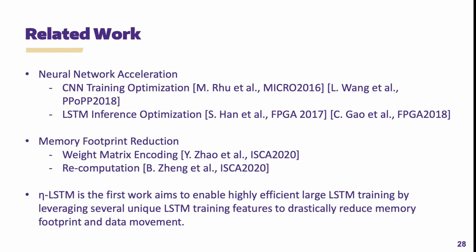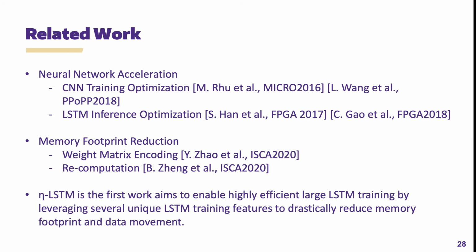There are many works focusing on neural network acceleration, but most of them are for CNN or LSTM inference. Since LSTM training is very different from CNN or its inference, those solutions can hardly address our problem. There are also memory footprint reduction works.